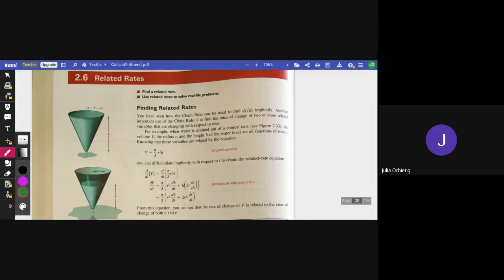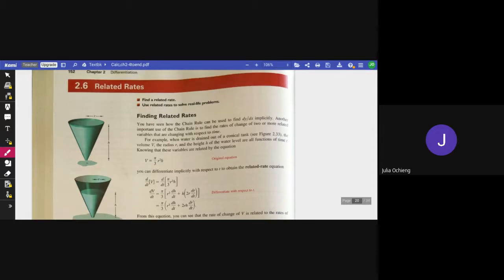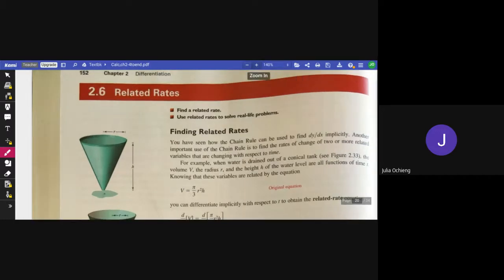So an example of something we used to do was something like y equals 5x plus y, and we would differentiate in terms of x.